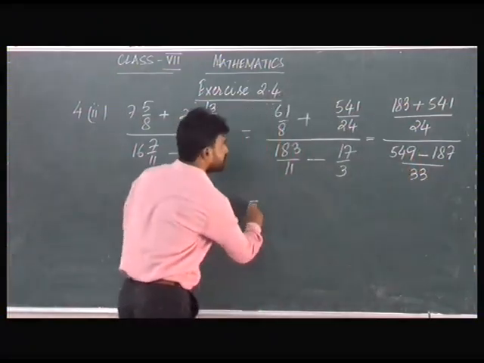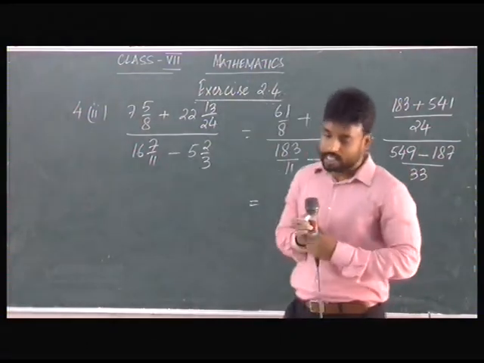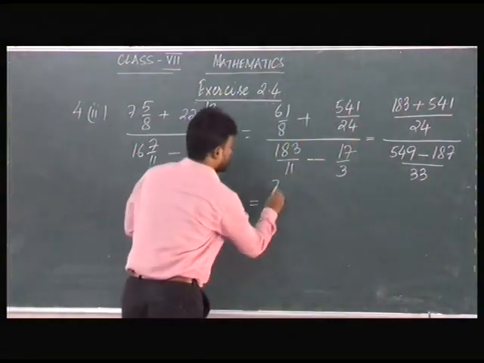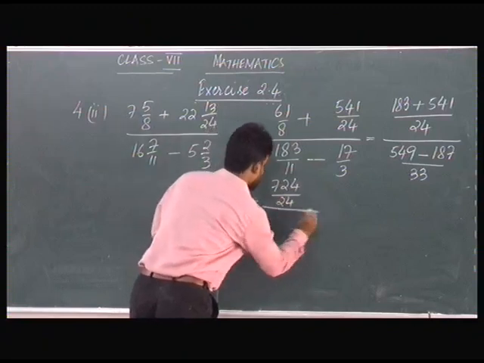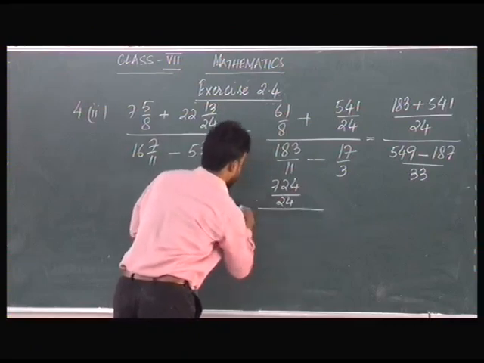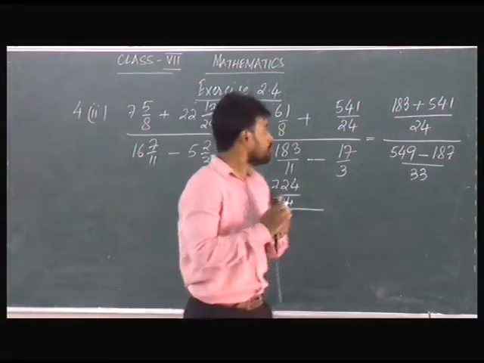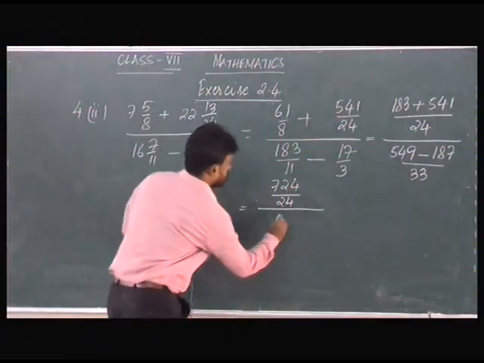Now let us solve that. We have 183 plus 541. If we add it, we will get 724. And here 549 minus 187, if we subtract, we will get 362.